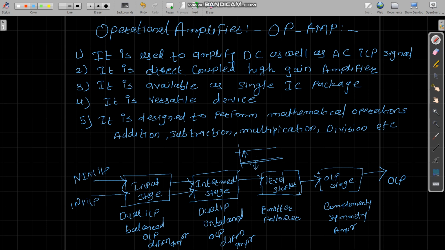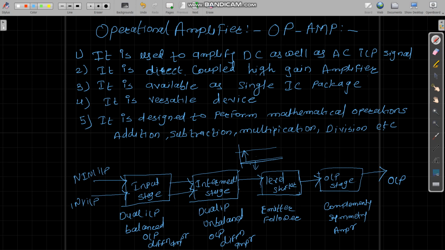That level shifter is nothing but an emitter follower which uses a constant current source. Then the output of the level shifter is given to the output stage, which is nothing but a complementary symmetry amplifier. The use of this complementary symmetry amplifier is to have a high output voltage swing, and it also increases the current supplying capability of your op amp.